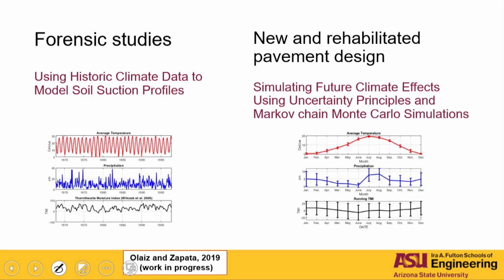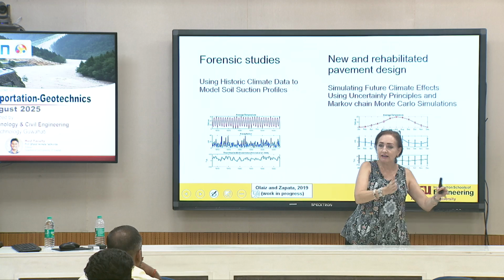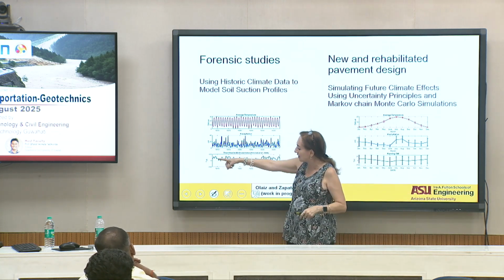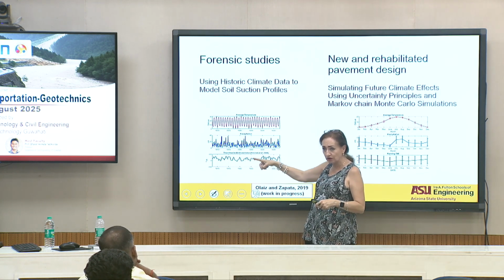Okay, and what we did, like I've been telling you these days, is that instead of having one value, an annual index, we did it monthly by monthly. We drop January, we take the next one, we drop February, we take the next one, and so forth. So we run it like that, and we were able to get more seasonal variation of the Thornthwaite moisture index.